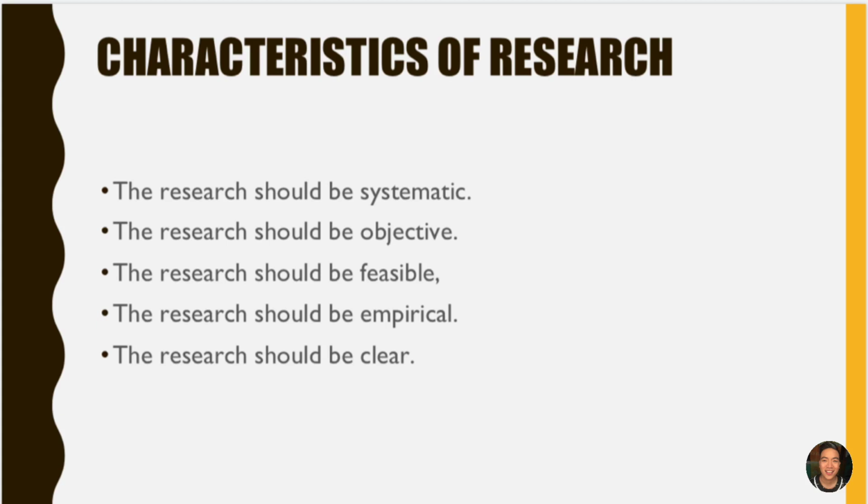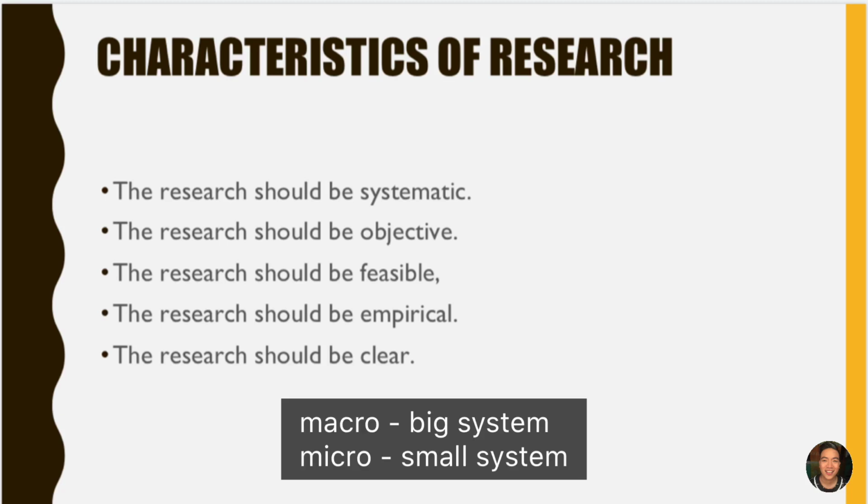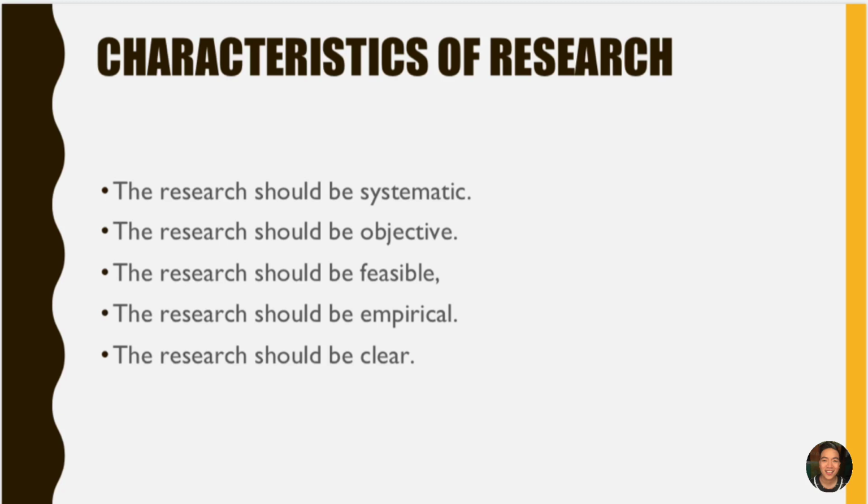So in a research, there is a big system, or we can say it as macro, and under it are small systems, and we can call it micro. So macro for big system and micro for small system. So in research writing, what is referred to as the system is composed of the chapters and their elements.